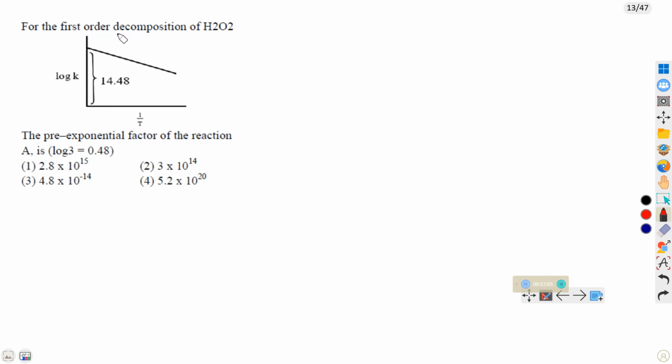For the first order decomposition of H2O2, a graph is given. The pre-exponential factor A of the reaction, according to Arrhenius, is k equals A into e power minus Ea by RT.